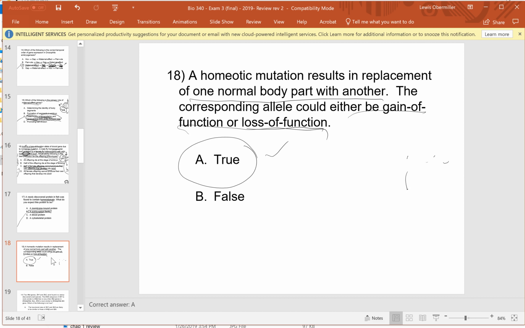So it's repressing growing a foot, and that's where you get a default as an antenna. If it repressed where the feet were, then you get antenna for feet. So it's still a gain of function because the gene would normally be turned off, but here it's turned on. It would normally be repressed, but then it's not. So the answer is A.